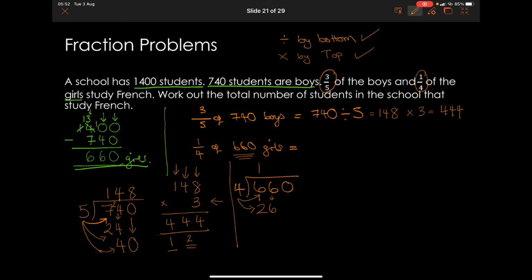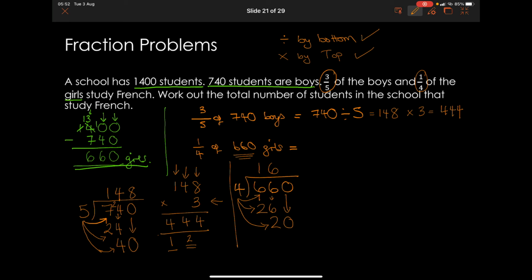Well, 4 times 5 is 20. And 4 times 6 is 24. Okay, so 6 times 4 is 24, so 6 will go there. Okay, and again there's another 2 remainder because I've actually got 26, not 24. And then I'll bring down my last 0 to go there.